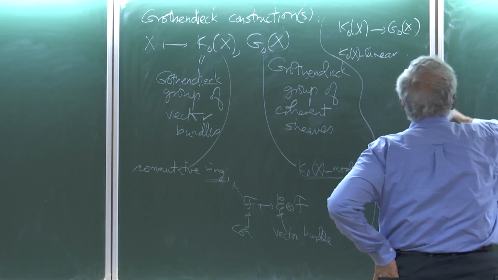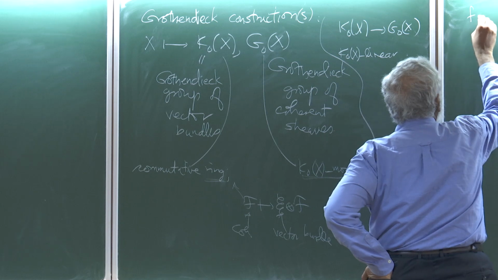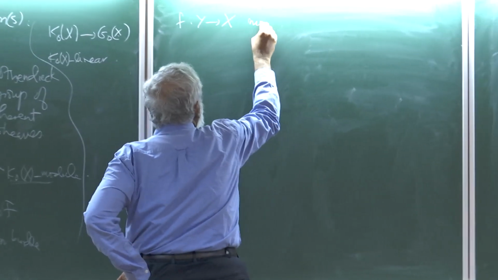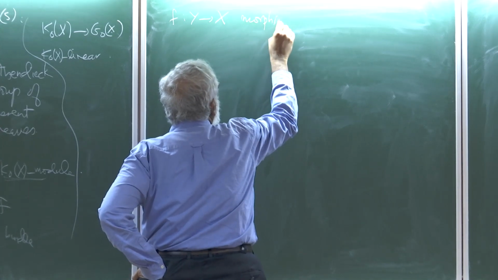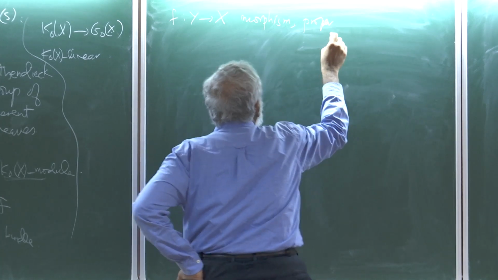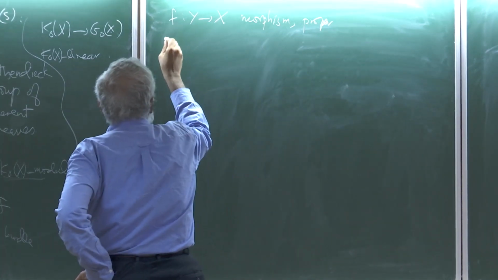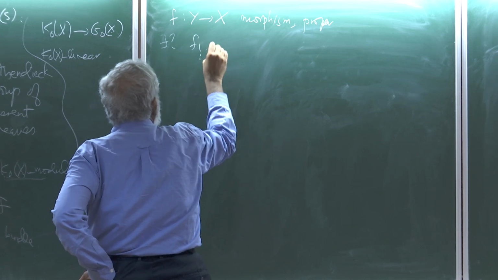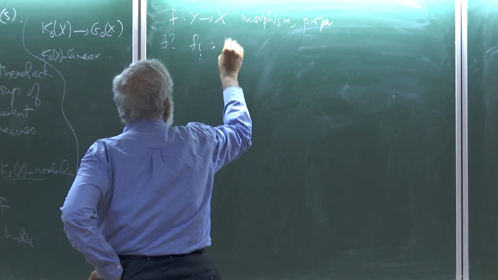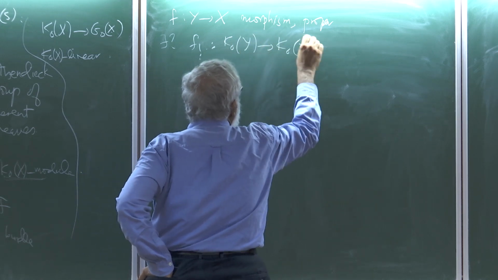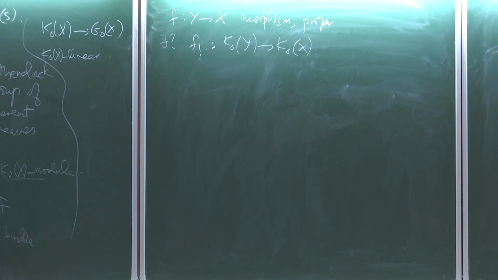But the reason we introduced this K0 is we were interested in trying to see if f: Y to X is a morphism of non-singular varieties. We were trying to see whether we can write a proper push forward map from K0(Y) to K0(X). And the assertion was that we can do it if X is non-singular.